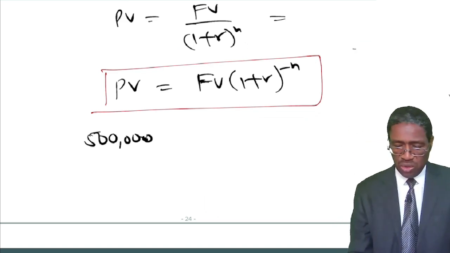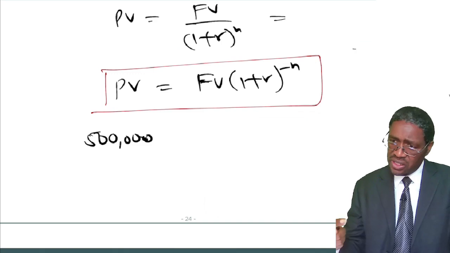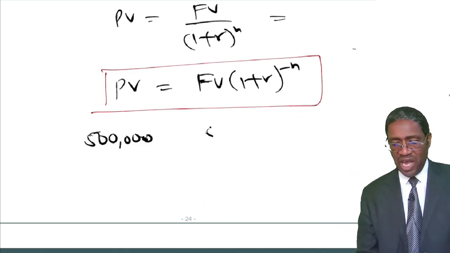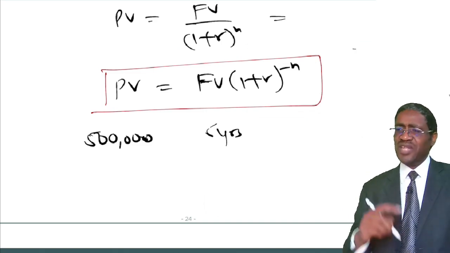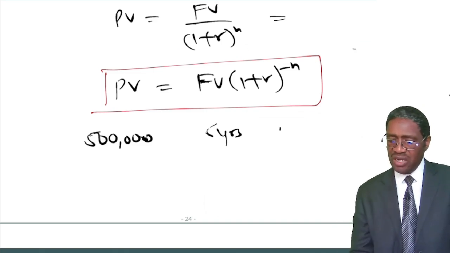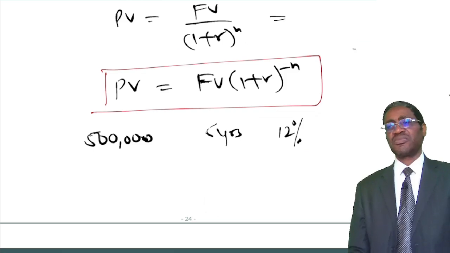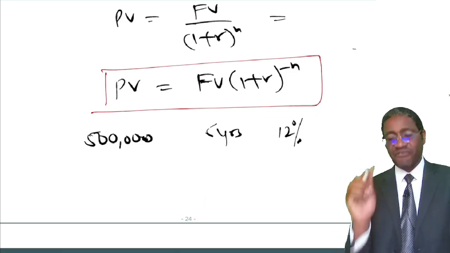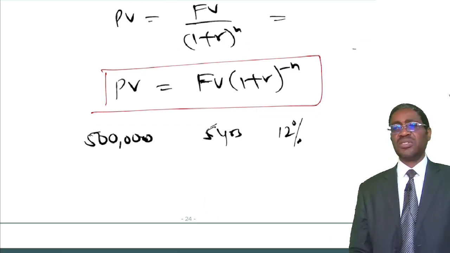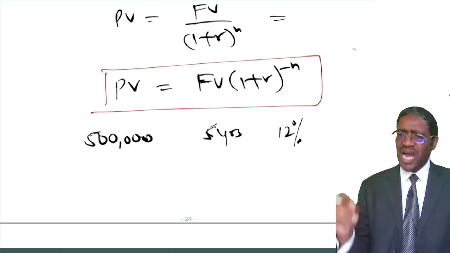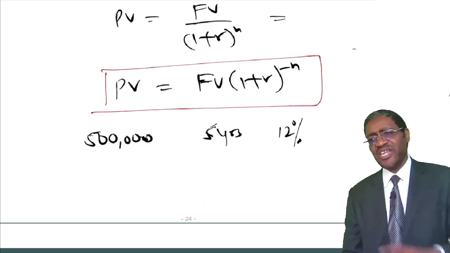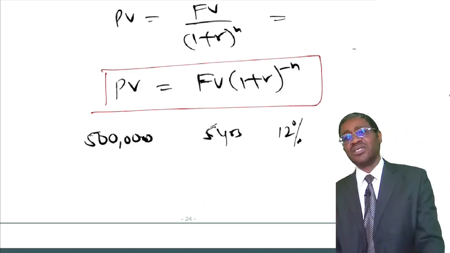You want to know how much you should invest in order to earn 500,000 5 years from now, if that investment will be earning 12% per annum. What should I invest in that fund now?